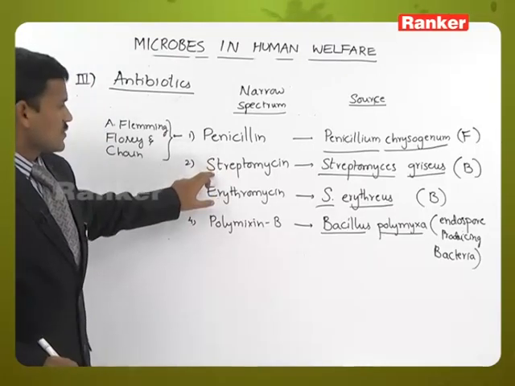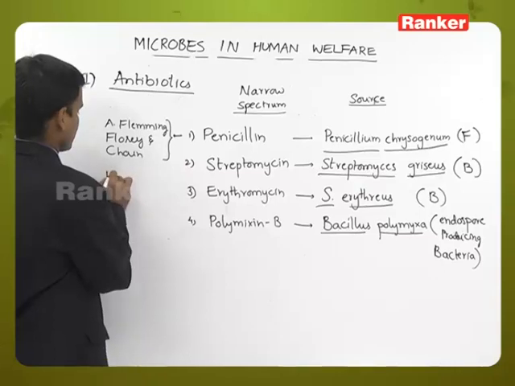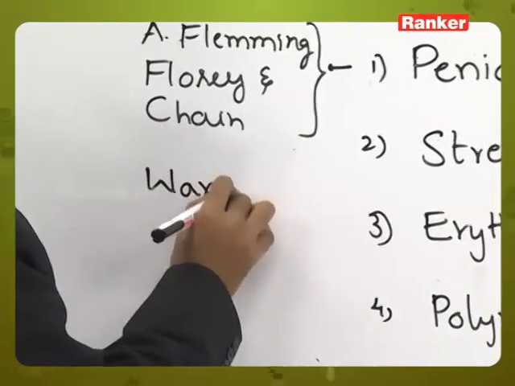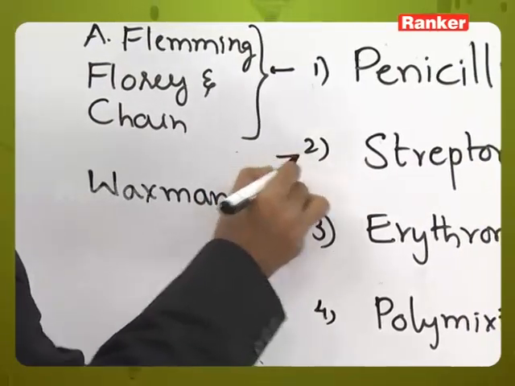Next, for the discovery of streptomycin, the scientist Waksman got the Nobel Prize.